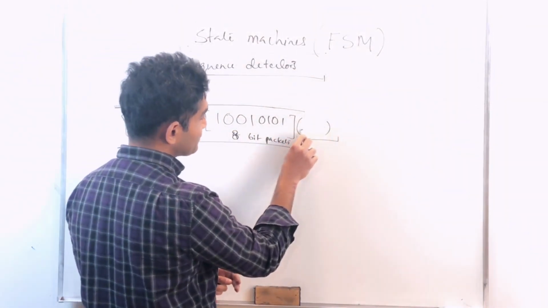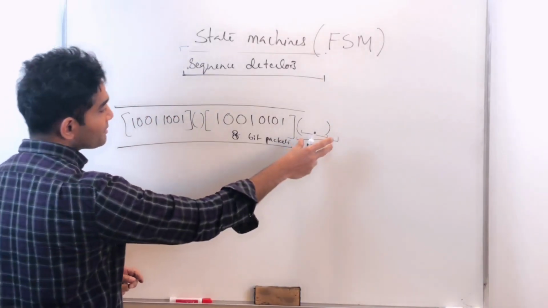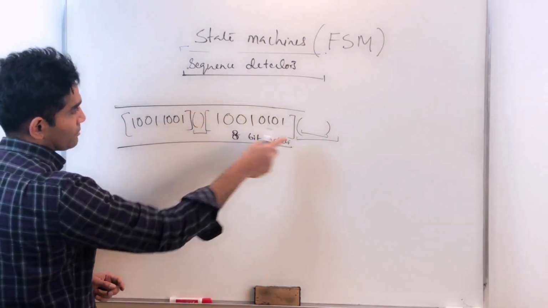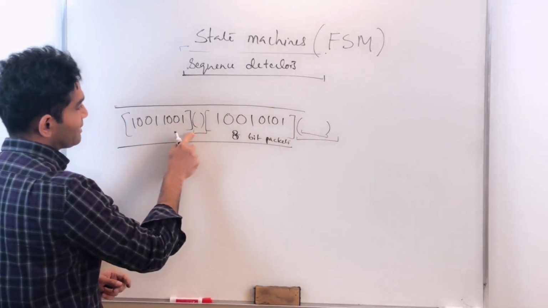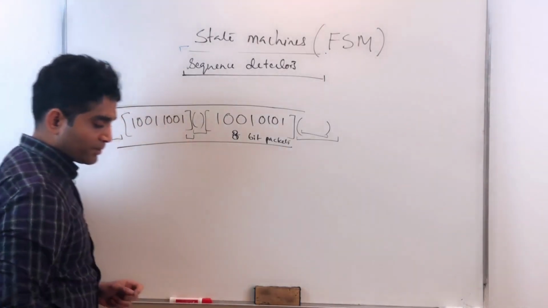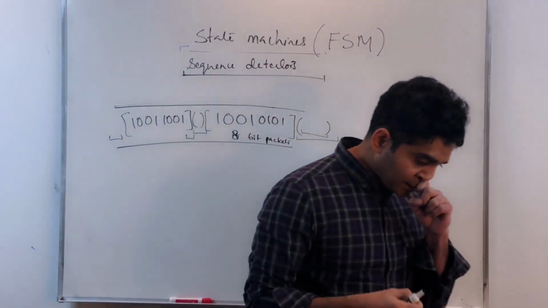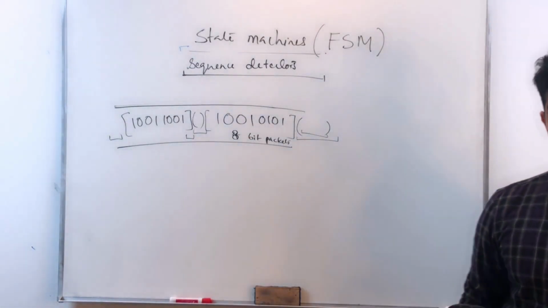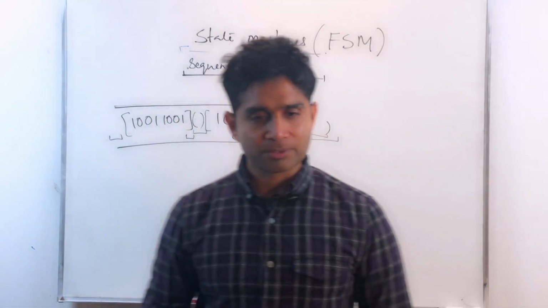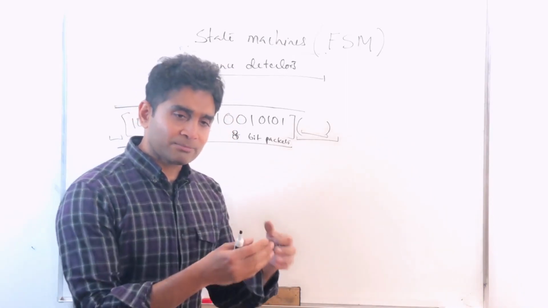Once I identify that sequence, I will know this is the start, that's the end, there's the start of a new sequence, and that's the end, and so on. So I need an ability to identify these patterns of bits.